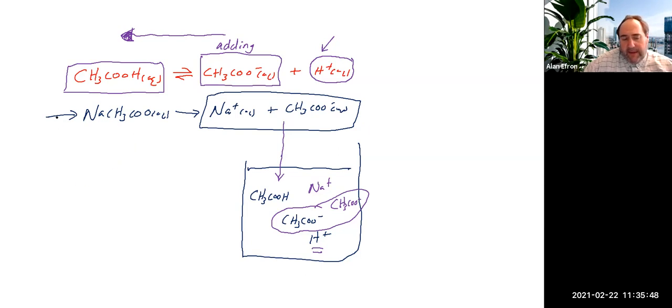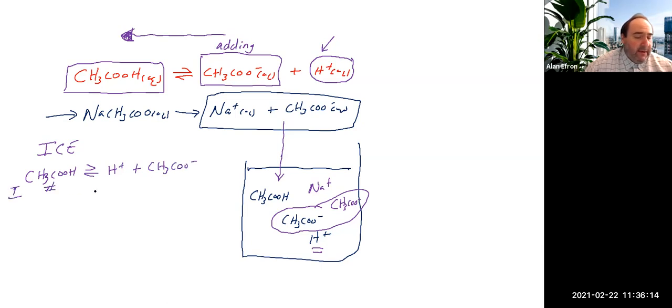We also talked about how there are really two ways you can solve these problems. You can definitely do an ice table. And if we were doing the acetic acid ice table, the main difference, and the important part where a lot of people screw up, is in the initial part.